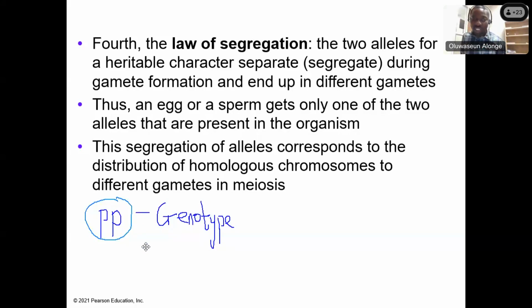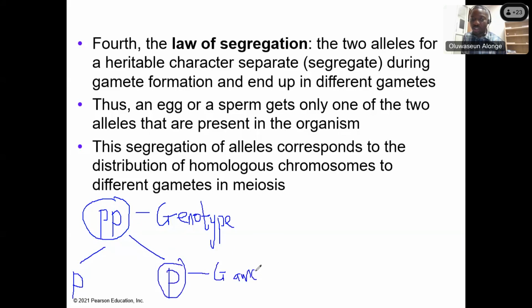So these have to be split first. This must separate first into what we call gametes. Now, this is a gamete, or a gamete. The gamete is what is going to be given to an offspring.